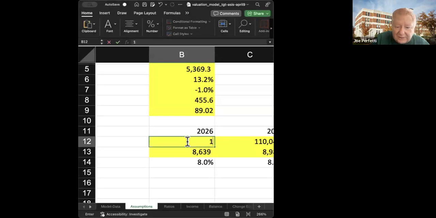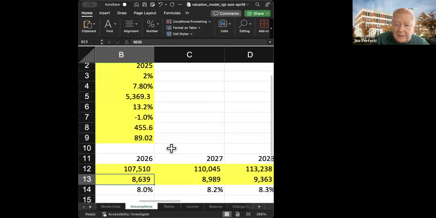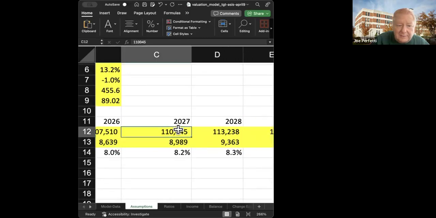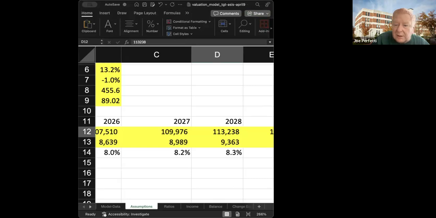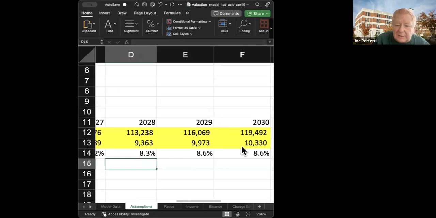Again, reason why we do screenshots. 109,976. 113,238 didn't change. 116,069 and looks like they didn't change the out years, just the first couple of years in their models. In terms of the analyst consensus.